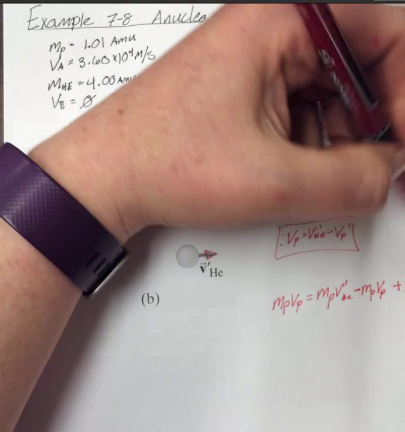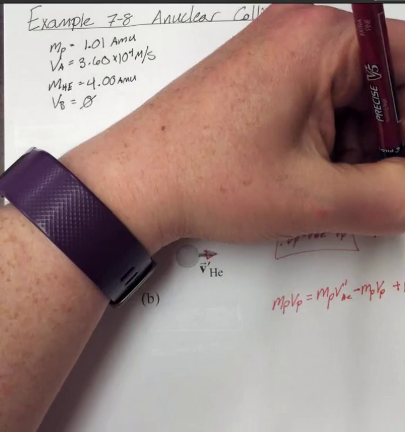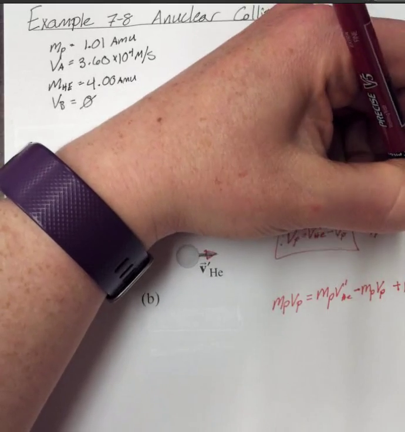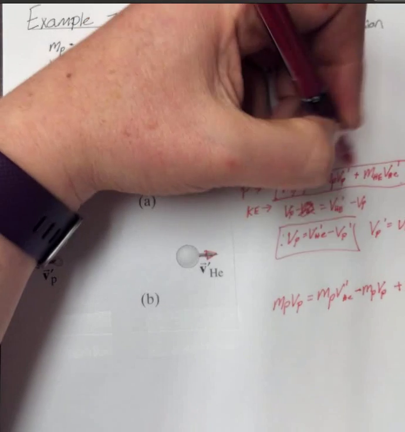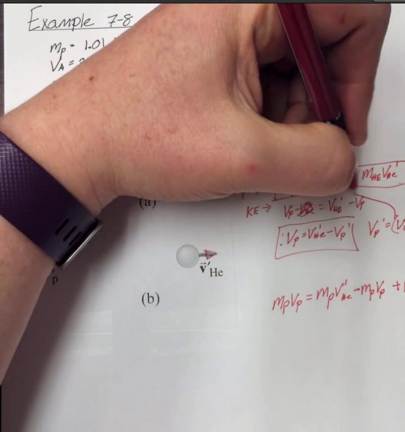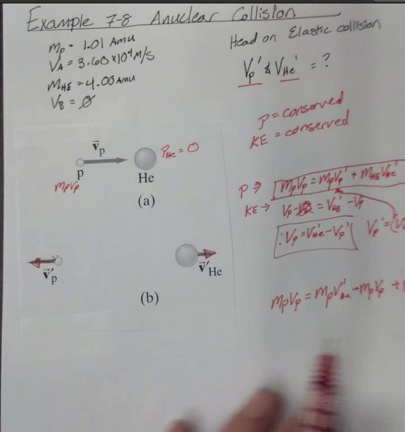What I did was I solved Vp' equals Vhe' minus Vp, and then I plugged that in for Vp' up here, and that's where I got these values right here.